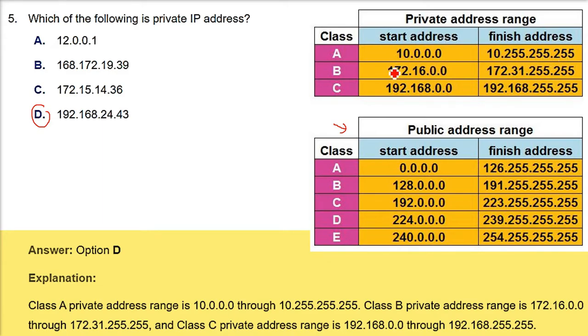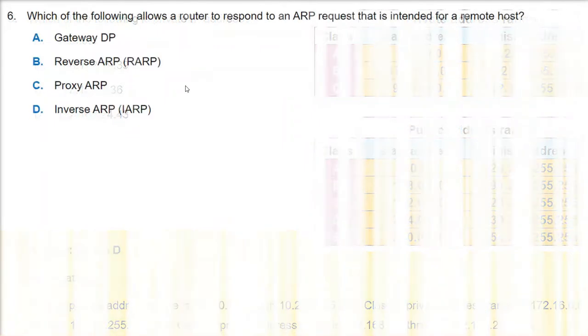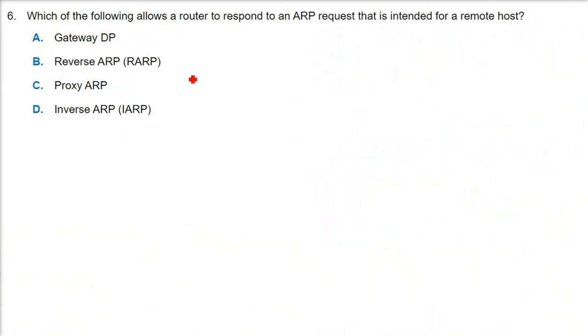Class B private address range is 172.16.0.0 through 172.31.255.255, and Class C private address range is 192.168.0.0 till 192.168.255.255. D belongs here.